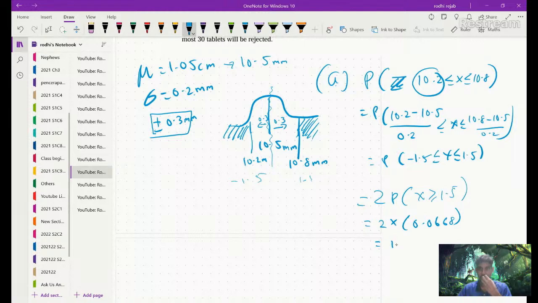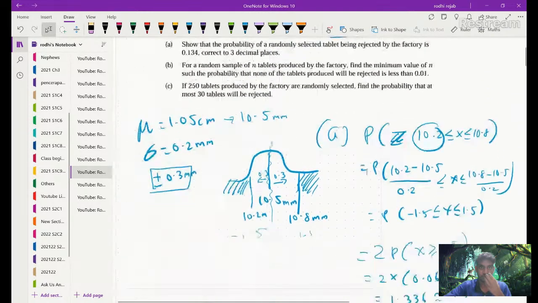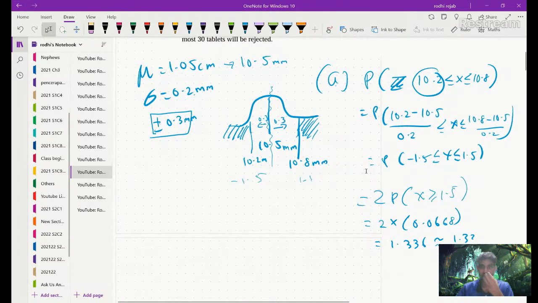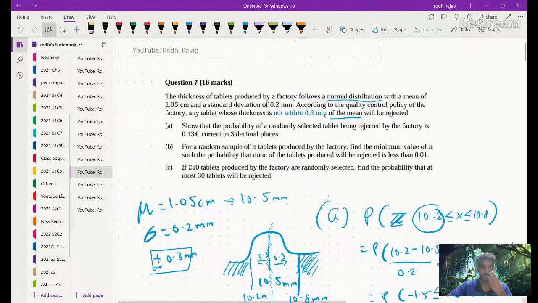And from here, we get the value 0.1336, which is 0.134. So we have shown, like the question, correct to 3 decimal places.